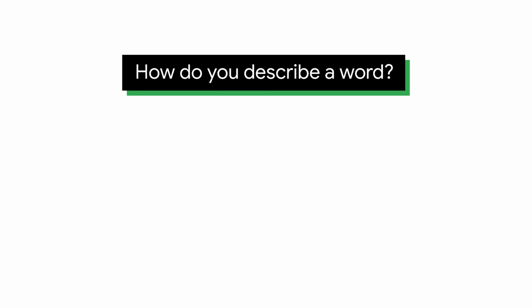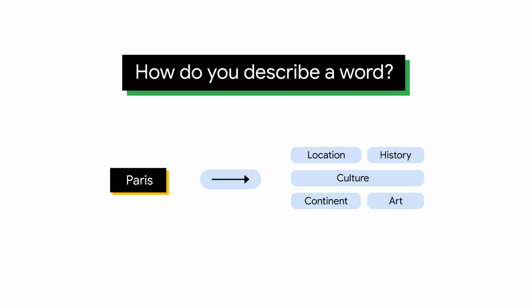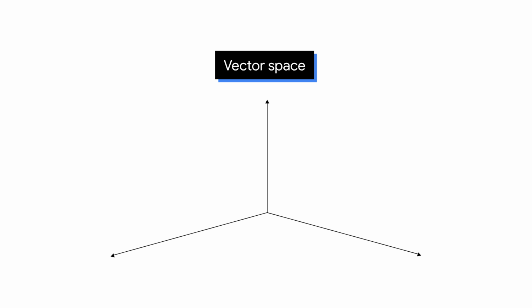How do you describe a word then? For example, the word Paris. How do you convey the location, history, culture, continent, art associated with this word by using quantitative measurements? You can use dimensions and, in math, a vector space. You can now generate an idea. How about representing a word in a vector space with dimensions to describe its properties? Not only that, you want the distance between the words to indicate the semantic similarities between them.